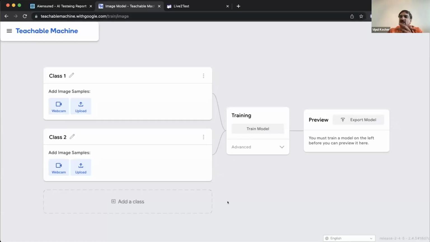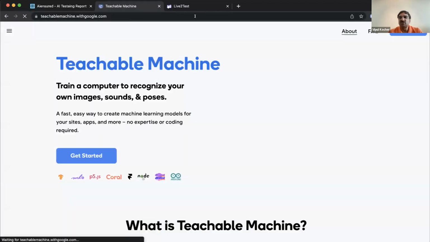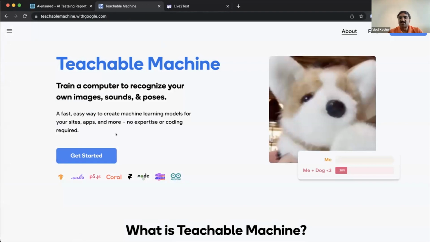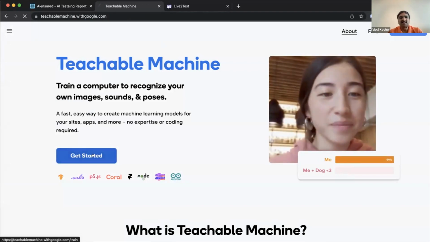This is a URL you all can access later, teachablemachine.withgoogle.com. And I am going to train a machine learning model based on images. So when you go to teachablemachine.withgoogle.com, it takes you here, and I say get started.